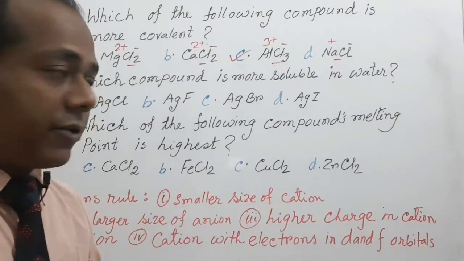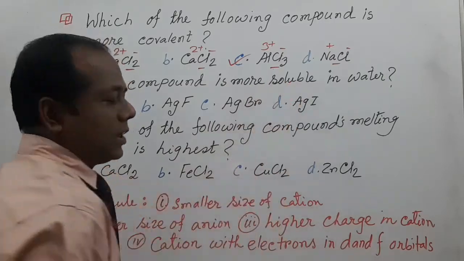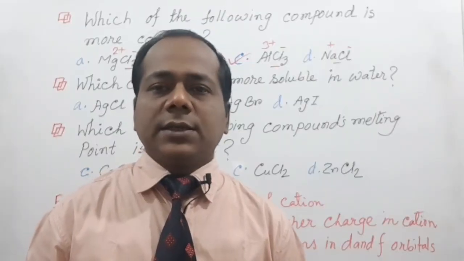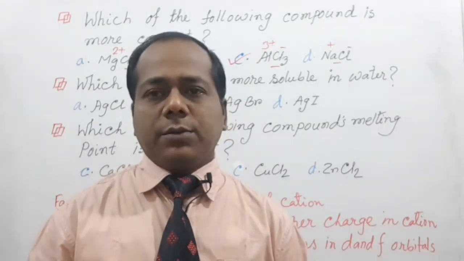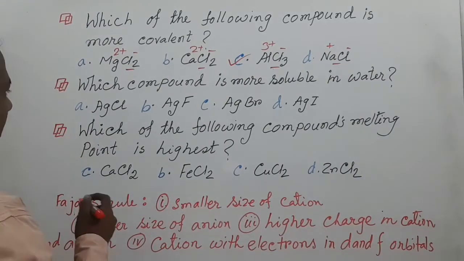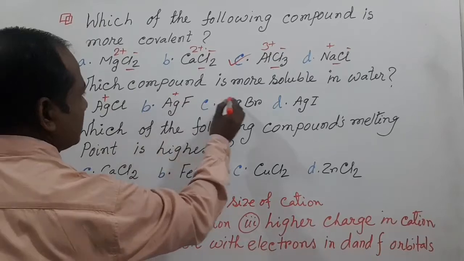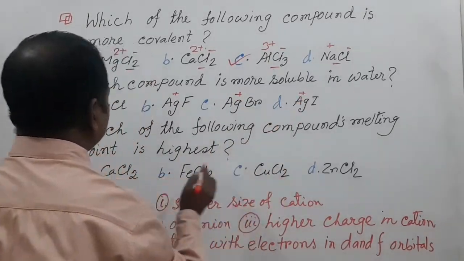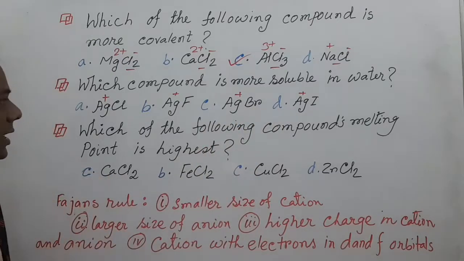My dear students, our next question: which compound is more soluble in water? Students, we know that ionic compounds are more soluble in water. If we see here, the cations are the same in silver chloride, silver fluoride, silver bromide, and silver iodide.